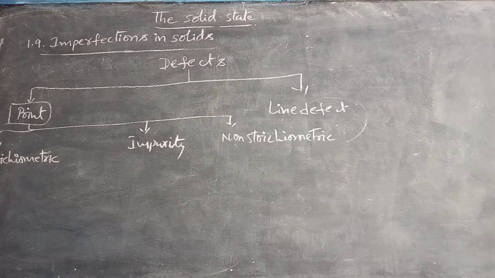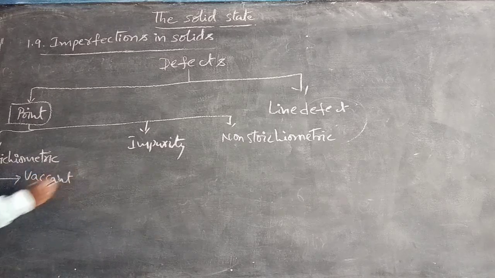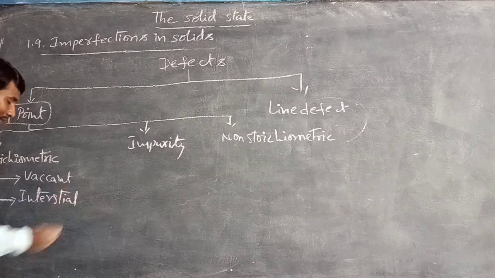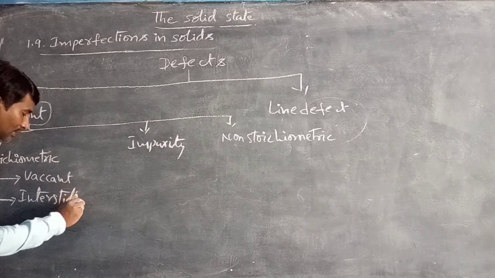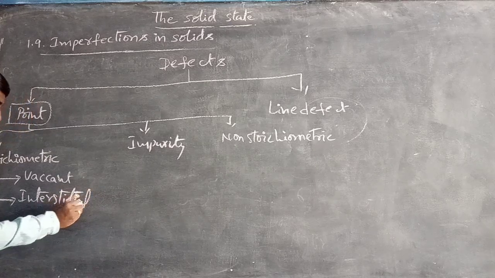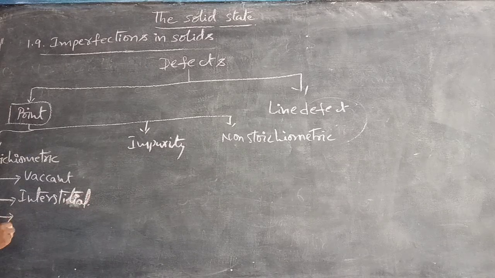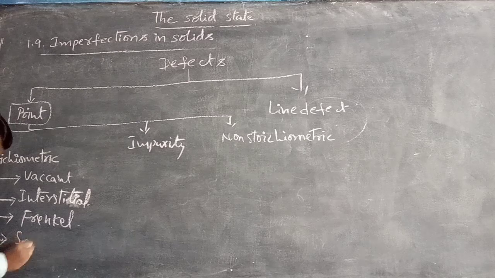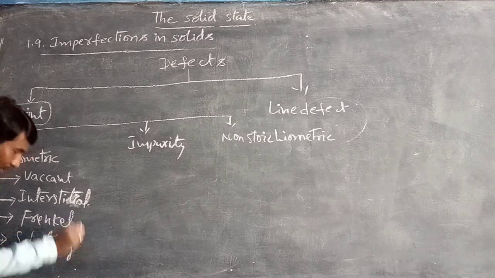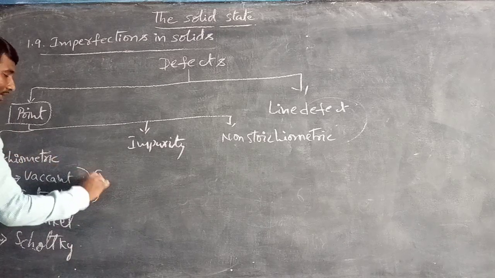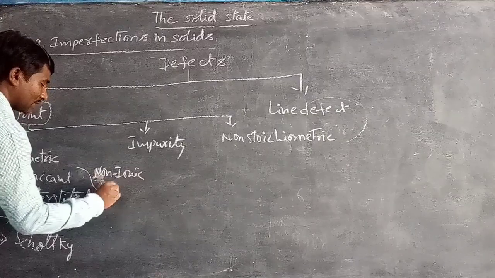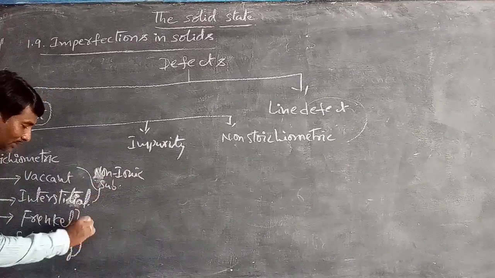Stoichiometric defect is divided into vacancy defect and interstitial defect, and another is Frenkel and Schottky. The vacancy and interstitial defects are observed in non-ionic substances. These two are observed in ionic substances.